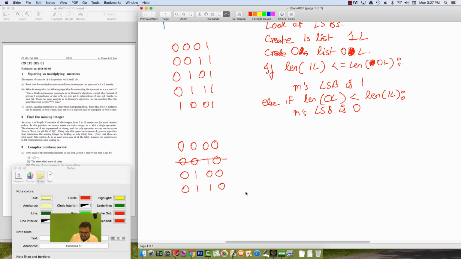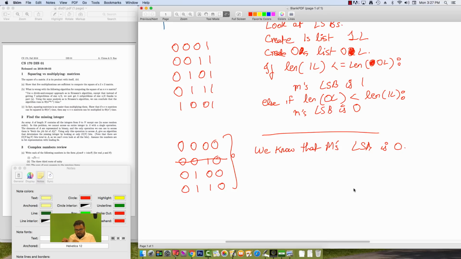If this one is missing, at this point of this algorithm, we will know that m's LSB is 0. Okay, if we know m's LSB is 0, then what we can do is we can take all the numbers. So essentially what it tells us is that m has to be one of these, correct?